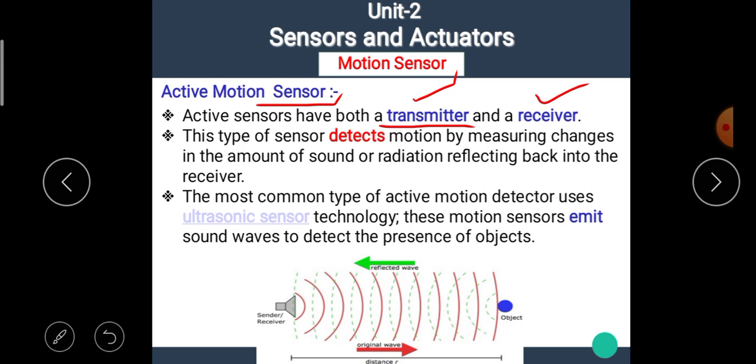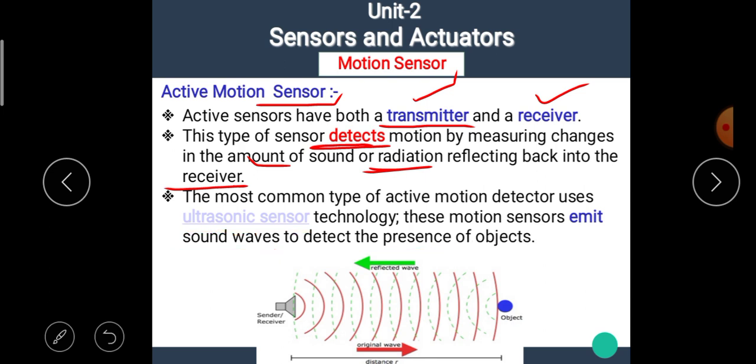This type of sensor detects motion by measuring changes in the amount of sound or radiation reflecting back into the receiver. The most common type of active motion detector uses ultrasonic sensor technology. These motion sensors emit sound waves to detect the presence of an object.